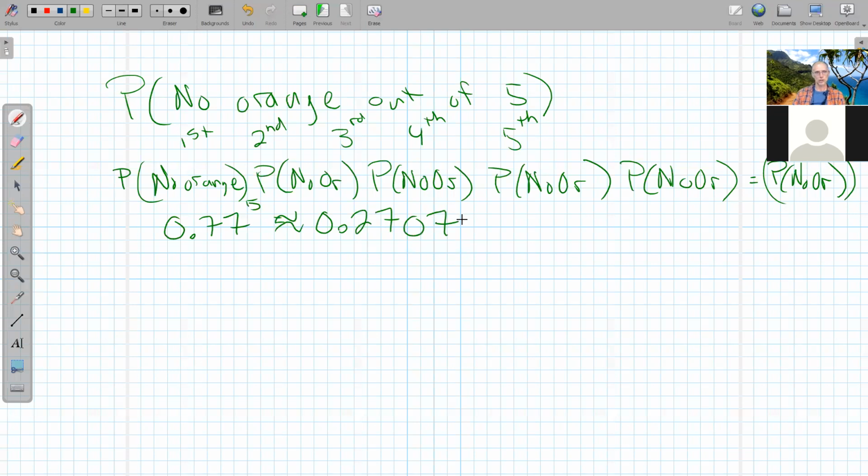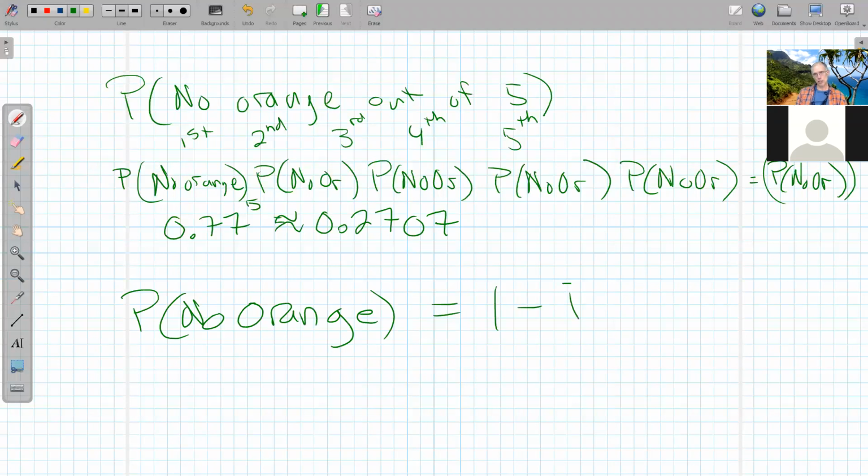And how did you get 77? So I want to know what the probability of no orange is, which is always going to be 1 minus the probability of getting an orange. The probability of an orange was 23%. So what's 1 minus 23%?